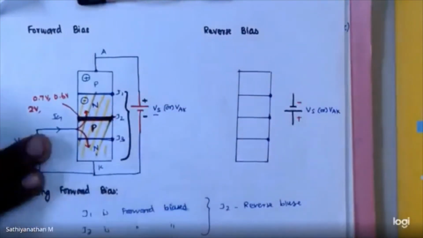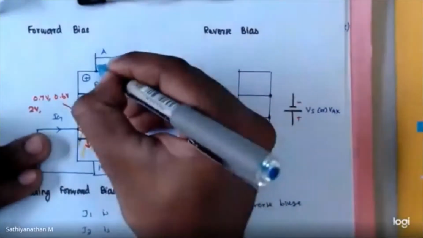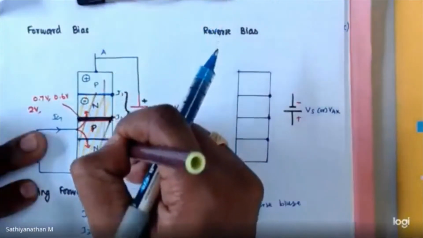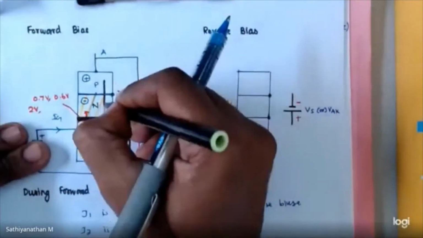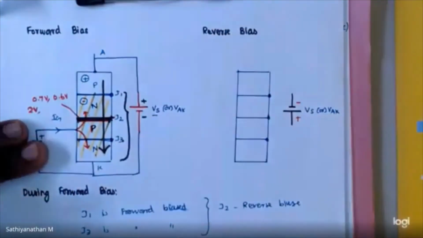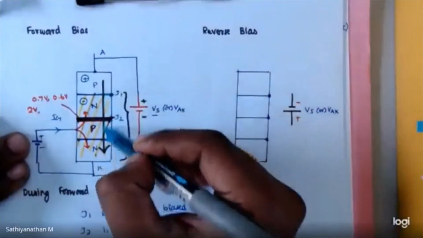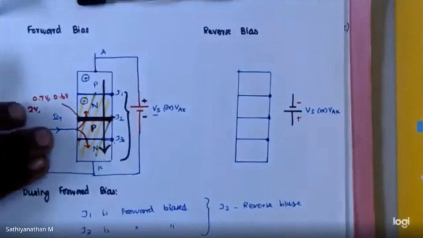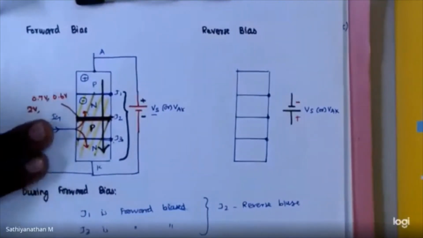Even if you remove this gate voltage, the device will not turn off due to high current, because now the entire source current is flowing through this junction because of the forward bias condition. The source current is flowing through junctions J1, J2 and J3. So due to this excess current at the junctions J1, J2 and J3, even if you remove this external gate voltage, the device will not turn off.